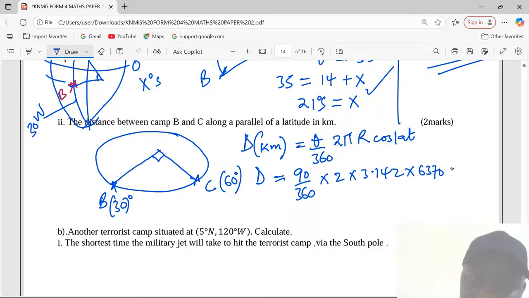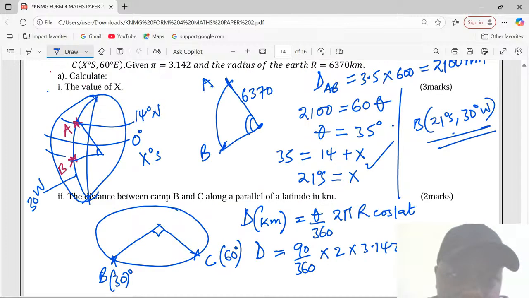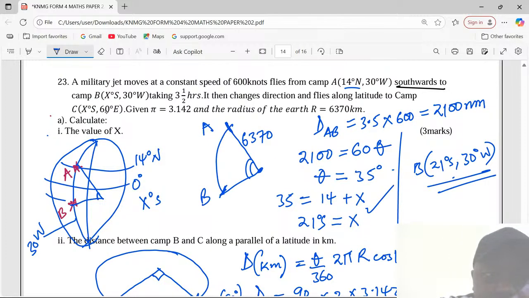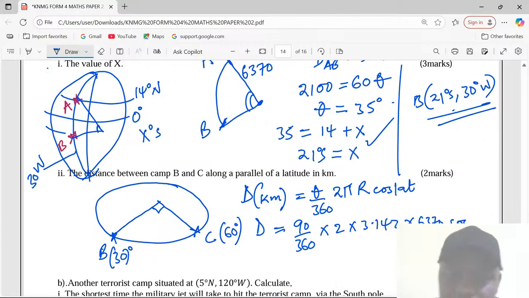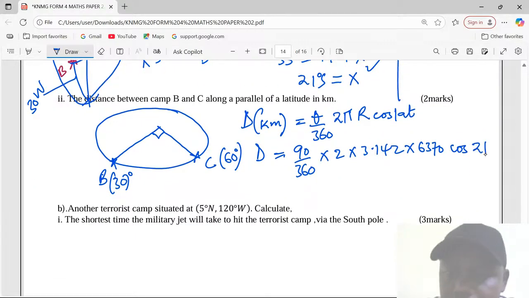Times 6370 cosine of 21 in the south, since they are both along 21 in the south. So I compute 90 times 2 times 3.142 times 6370 cosine of 21 divided by 360.